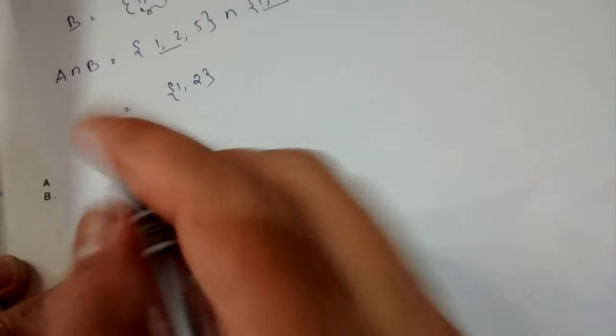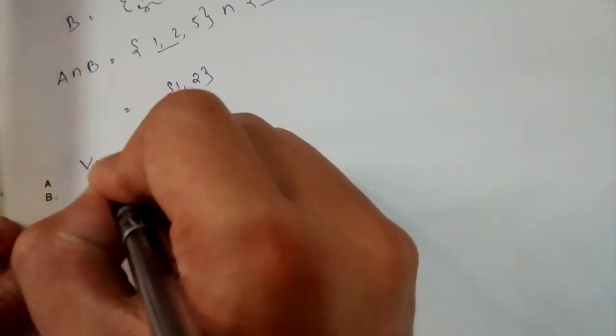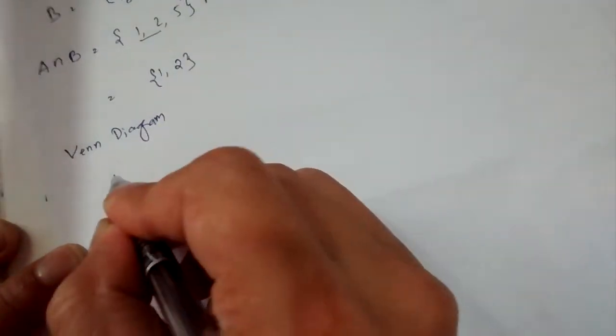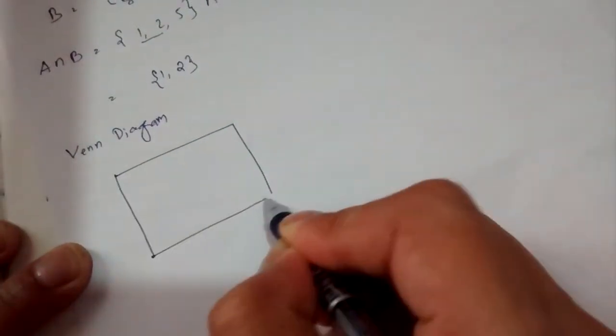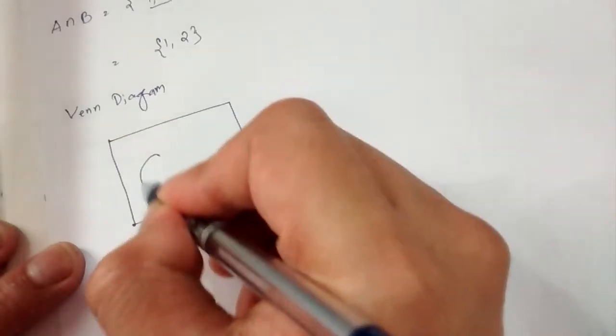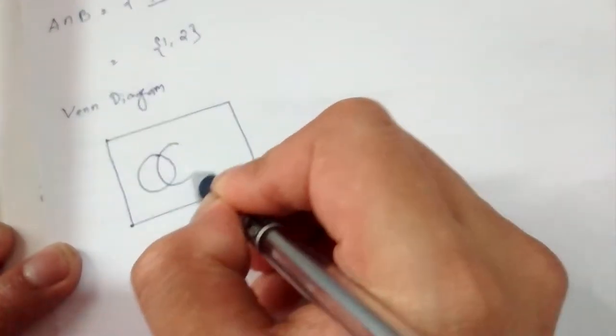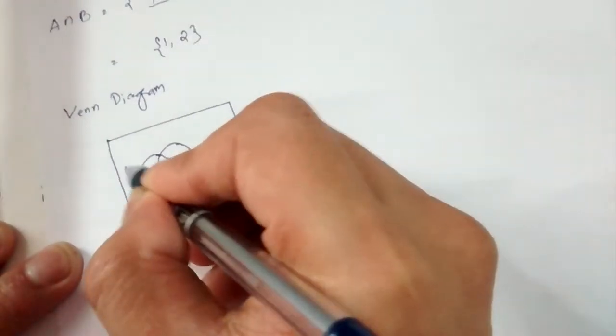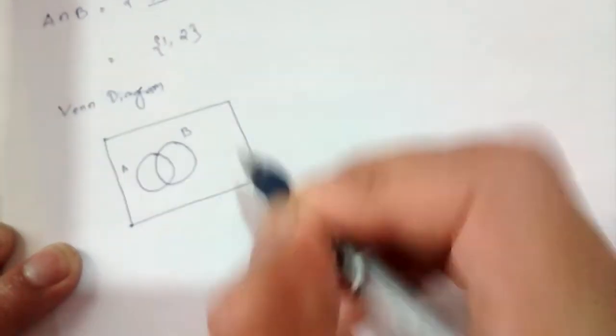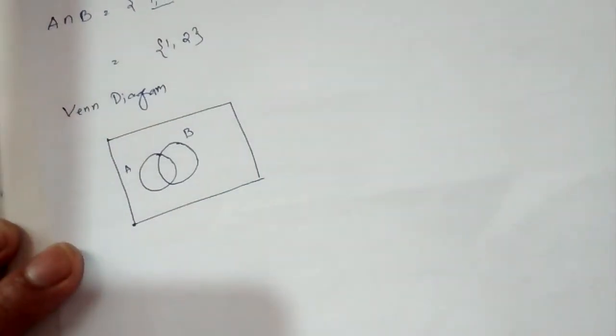So how do you plot that? By using a Venn diagram. So let's plot that using a Venn diagram. Intersection means when both the sets intersect each other with their common elements.